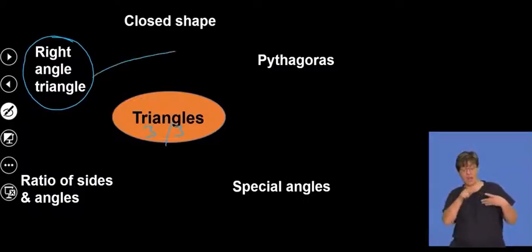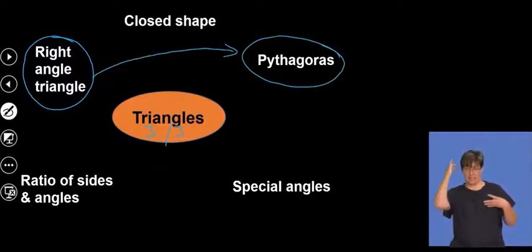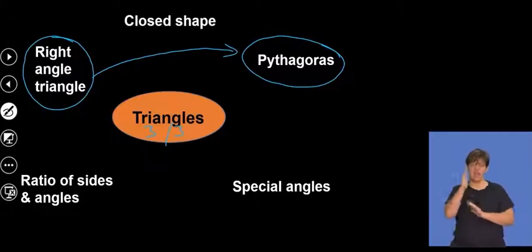Because of a right-angled triangle, we can then use what we call the Theorem of Pythagoras, and that's only because there is a 90-degree angle in that particular triangle. Even if you were to go to Google and look at the history of the Theorem of Pythagoras, it was only discovered because of a right-angled triangle.